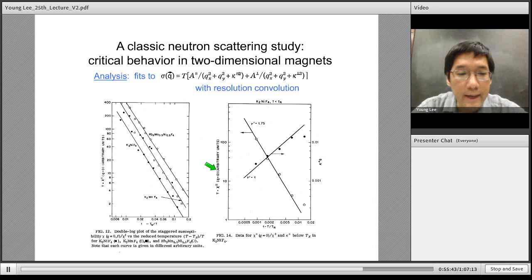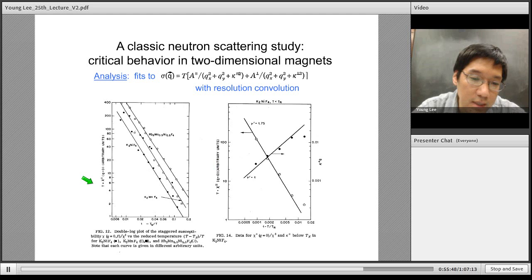You can look at the intensity. So they plot here T times the susceptibility at the 100 position, this Bragg position, as a function of temperature, or the deviation from TN. And they see that this also follows a power law.